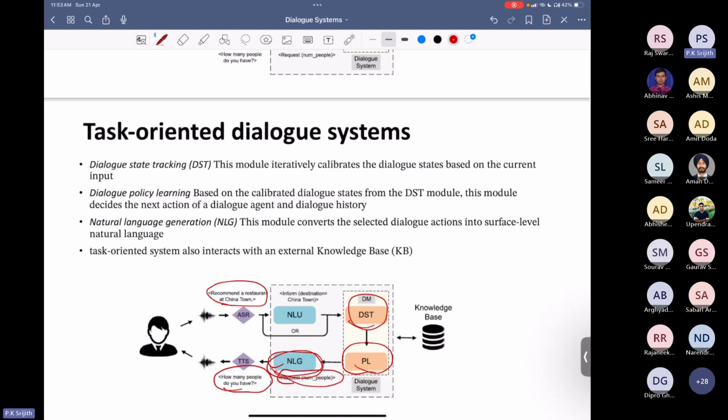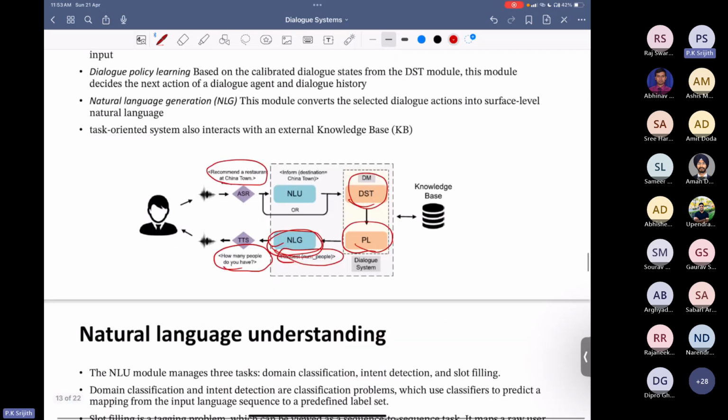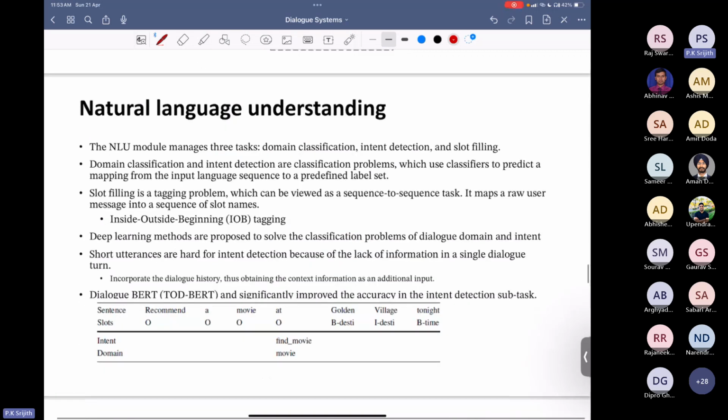So this is fundamentally what task-oriented dialogue systems do. Let us look slightly more into each of these components. As already mentioned, the natural language understanding unit has three main jobs. One is domain classification, where you find out that this is a domain about movies. Then intent detection, where you find what the intent of the user is.